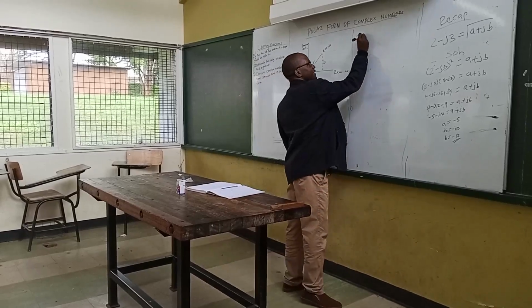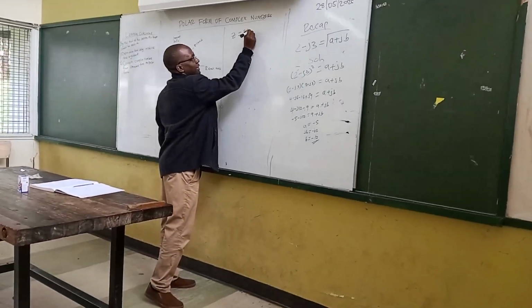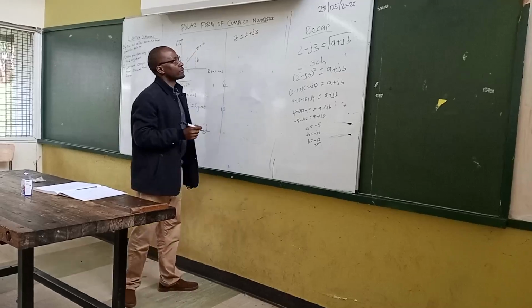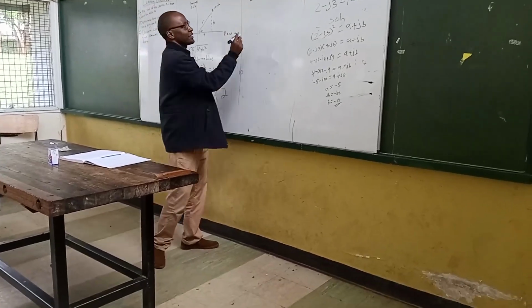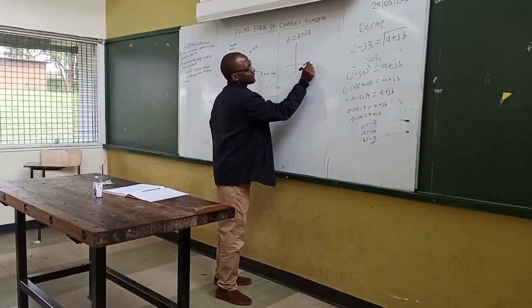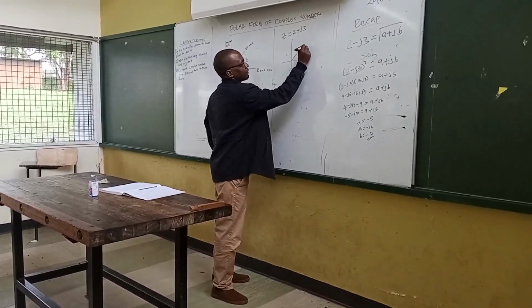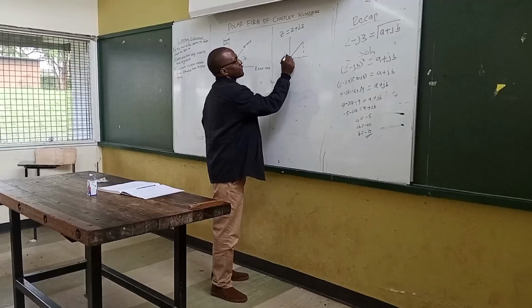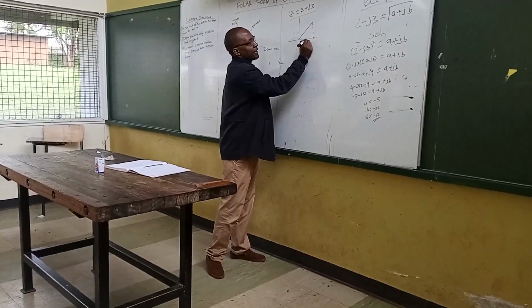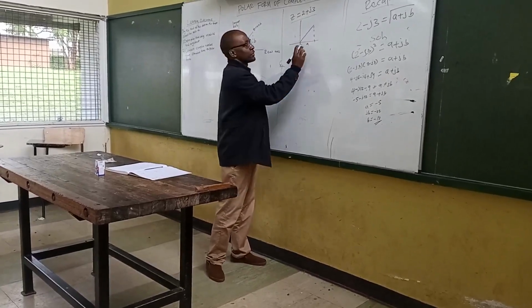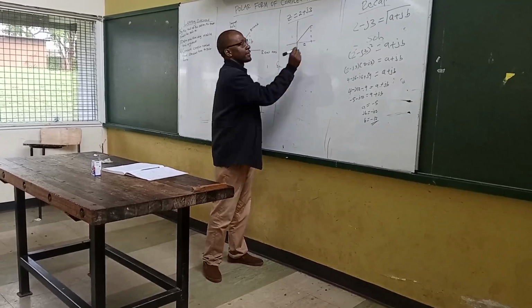For example, we have been given z is equal to 2 plus j3. If you are to draw an Argand diagram, how will you draw it? We'll have something like this. From this equation, which one will be our a from here to here? Our a will be 2. And our b from here to here will be 3.